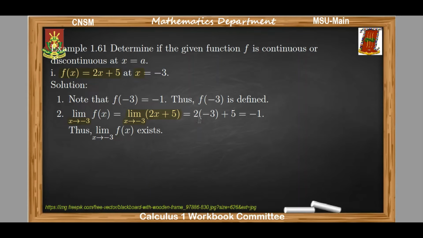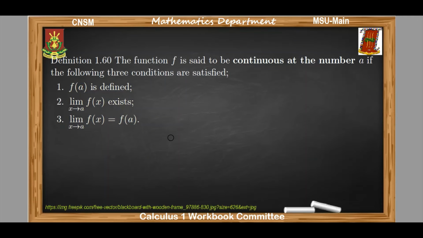So, gaya lang ng ginawa natin kanina, substitute the value of x sa function here, so we get negative 1. Thus, limit of function of x as x approaches negative 3 exists. So dahil merong limit or merong value yung limit equation natin, then we meet the second condition, which is this one here.